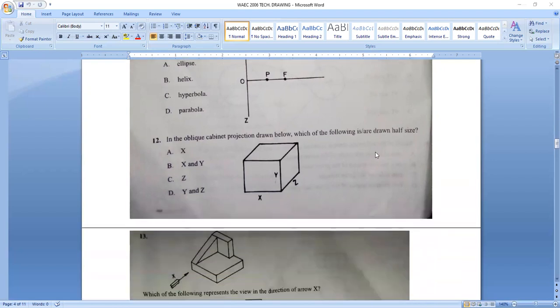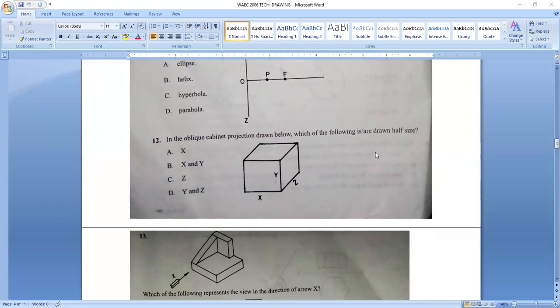Then question 12 says that in the oblique cabinet projection drawn below, which of the following is or are drawn half size? Among the options that we have here, the answer to the question is option C. Z will be drawn half size because that is the receding side.